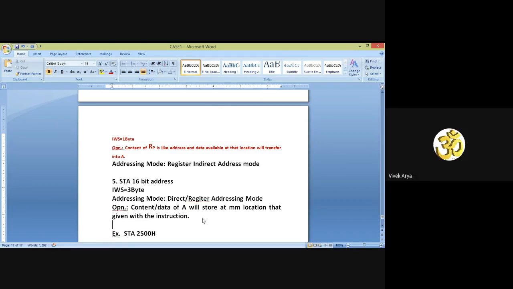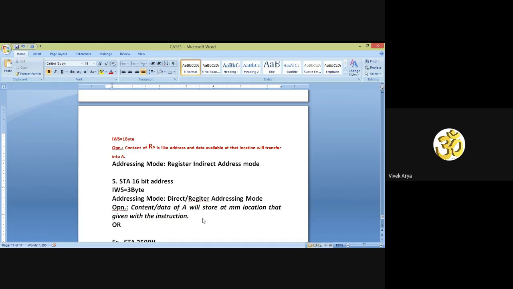Okay, this is the operation performed by this instruction. For simplicity, I'm making it more simple so that you can easily understand the concept.